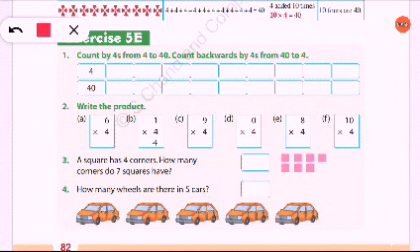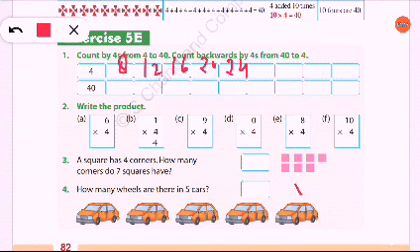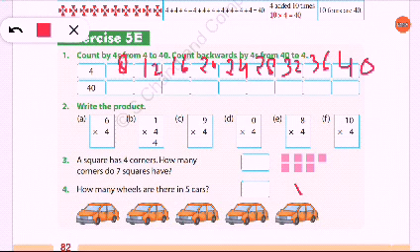See now, write it. 4 1s are 4, 4 2s are 8, 4 3s are 12, 4 4s are 16, 4 5s are 20, 4 6s are 24, 4 7s are 28, 4 8s are 32, 4 9s are 36 and 4 10s are 40. Okay, just write very neatly and make the boxes like this only.